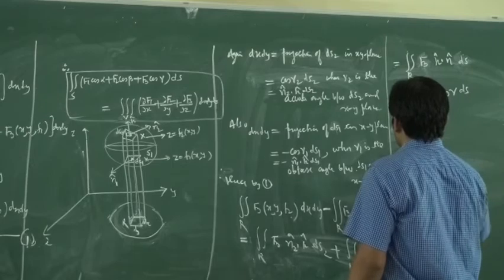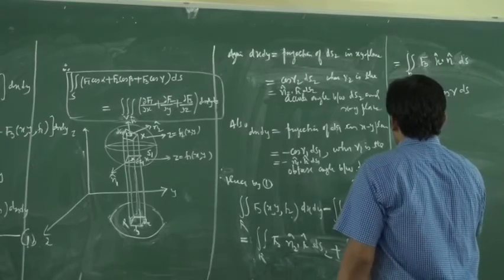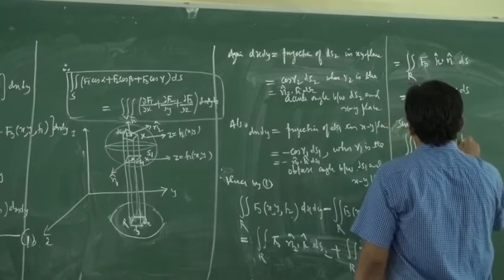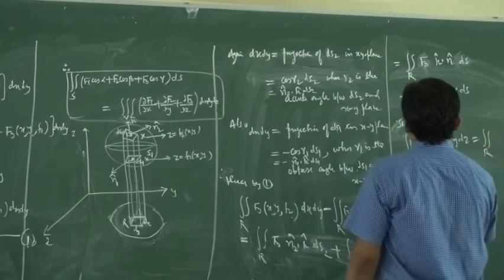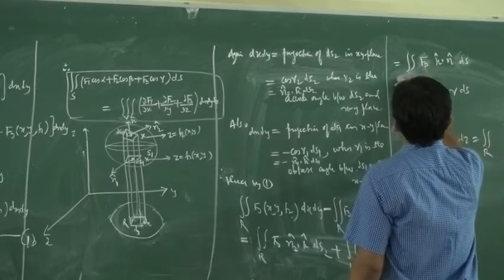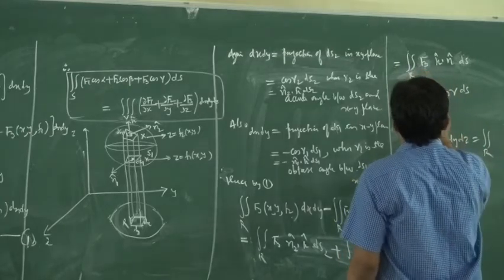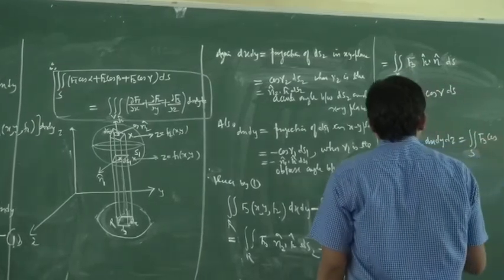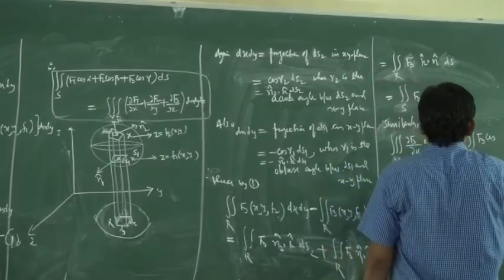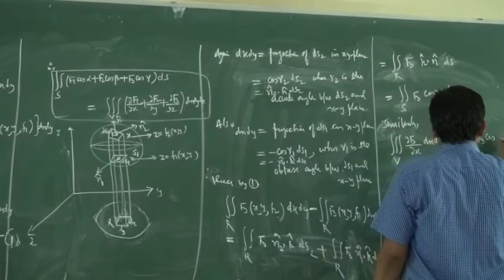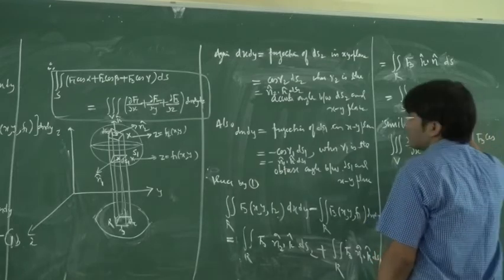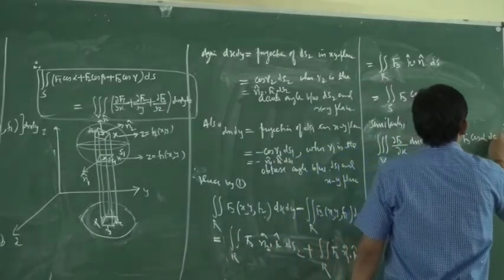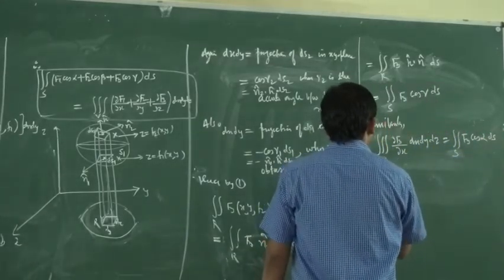Similarly, we have this triple integral of del f1 upon del x dx dy dz equal to the integral over the surface S of f1 cos alpha dS, where R is the region and S is the surface.